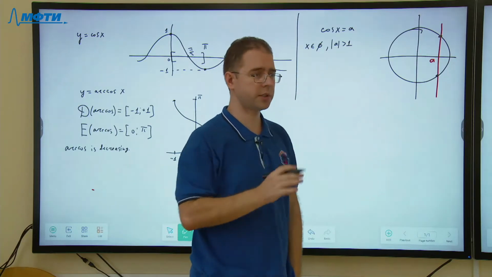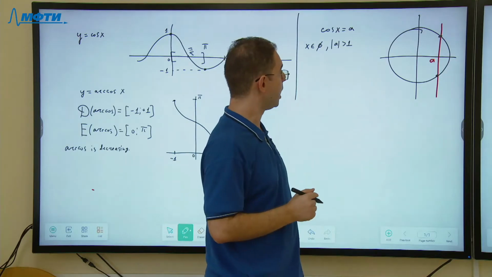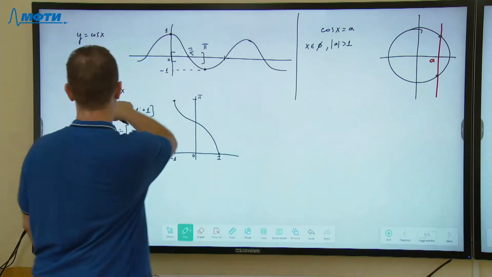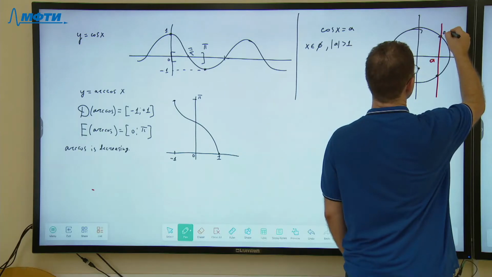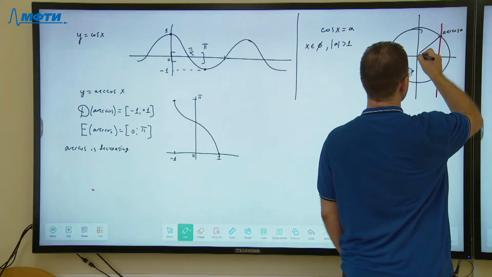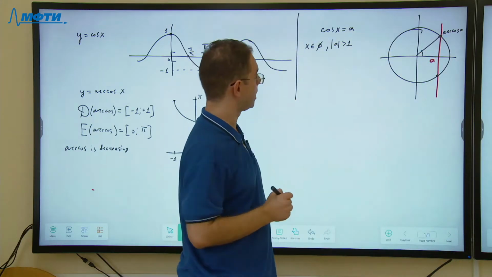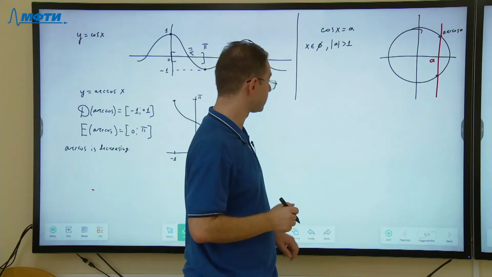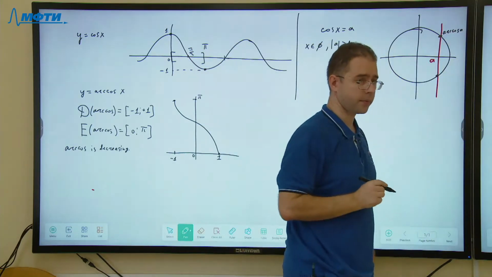But generally speaking, it's 2 points. And you can see that one of those points is this value. This point over here, this is arc cosine A, namely this angle, of course. When I talk about points on the circle, I mean the angle. So this point is arc cosine A.